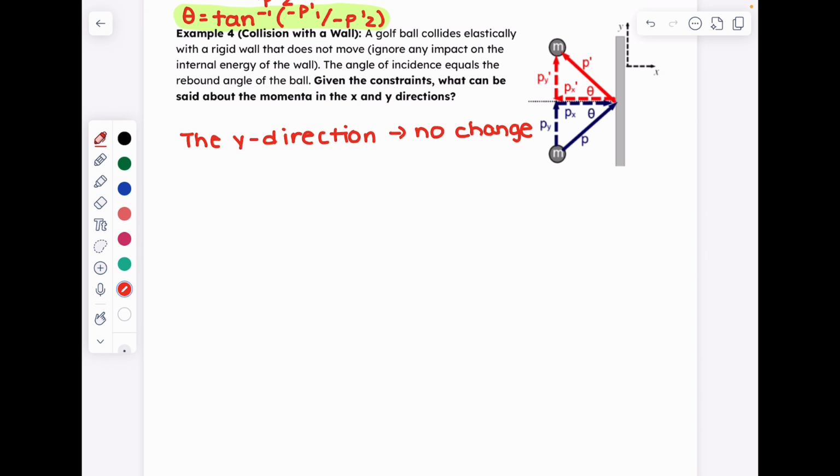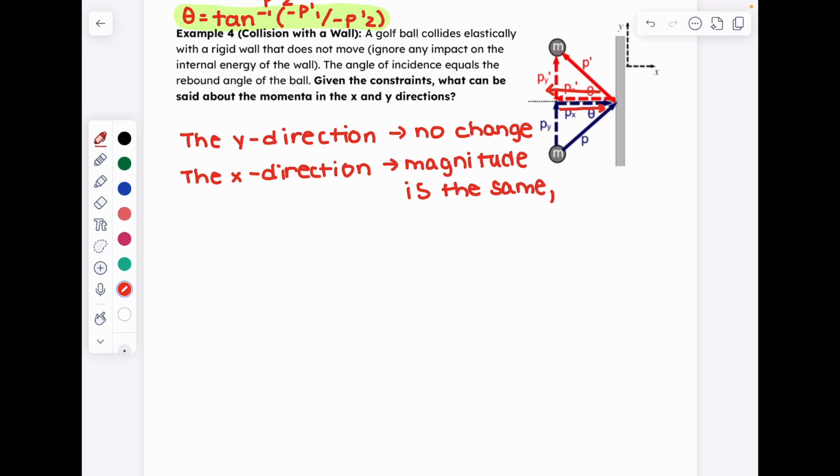And then in the x direction, you can tell from the diagram that this lower component here is pointed towards the right, and the upper component is pointed towards the left. Same magnitude. So if you were to describe this, and obviously you would write this a lot more in depth on the AP test, in the x direction, the magnitude is the same, but the direction is the opposite.